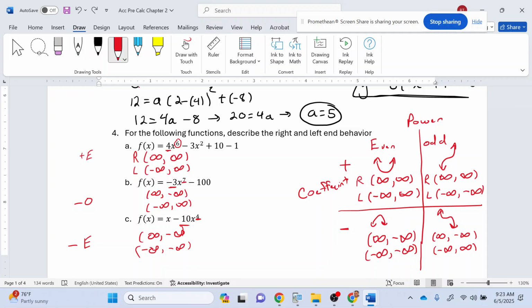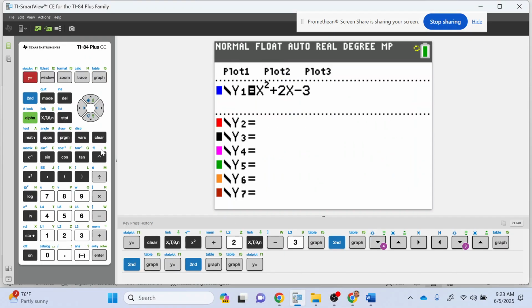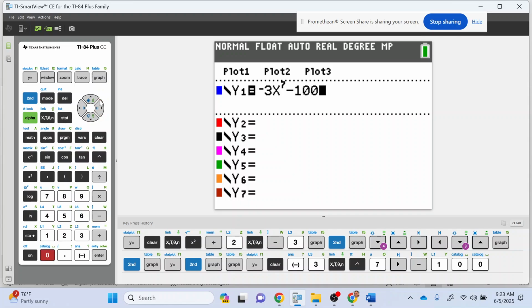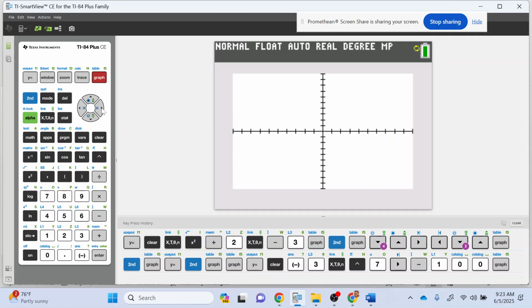You can also, absolutely. Let's take B for example, which is negative. What is that? To the 7. I could take my calculator, go y equals negative 3x to the power of 7. What is it? Minus 100. Graph. Now it's going to be awkward.